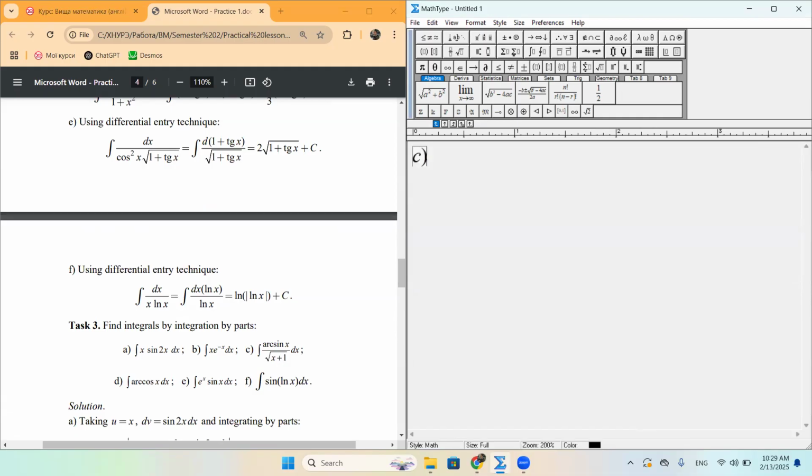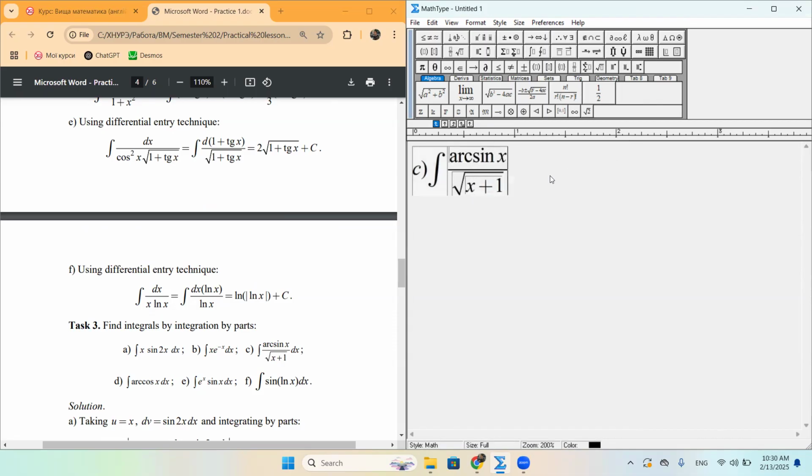Now we have the following integral. Just a second, let me plug in my laptop. Okay. So arc sine of x divided by square root of x plus 1.